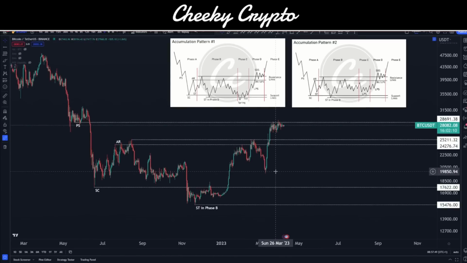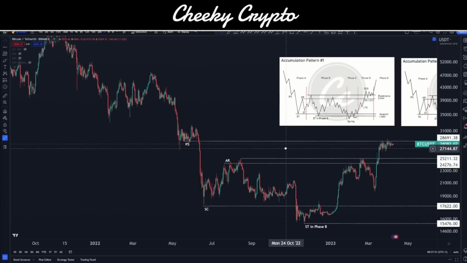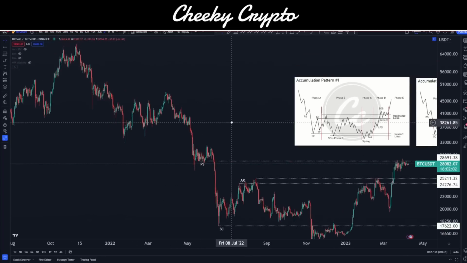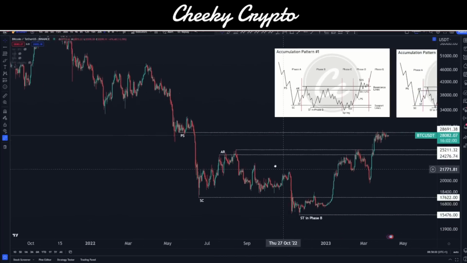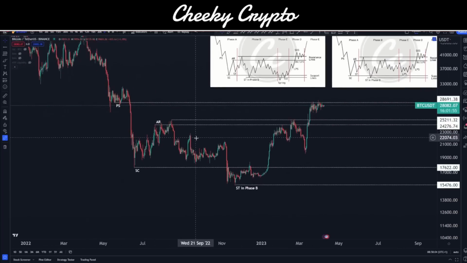It just doesn't fit. We can try to roll backwards and make things look like they fit. Maybe this is a secondary test in phase B, and we haven't rallied up. But there's nowhere on this chart for Bitcoin that I can see that a Wyckoff accumulation pattern now fits. We were tracking it, but until this recent surge upwards, I think we've completely invalidated it.